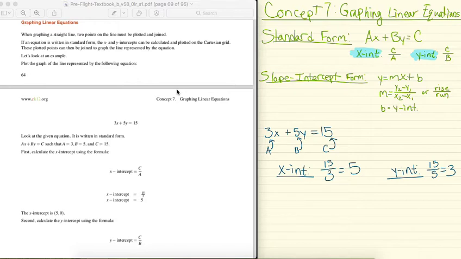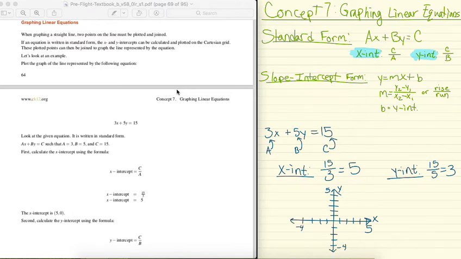Now what I can do is take this information and graph a Cartesian grid. And I'm just labeling. All right.